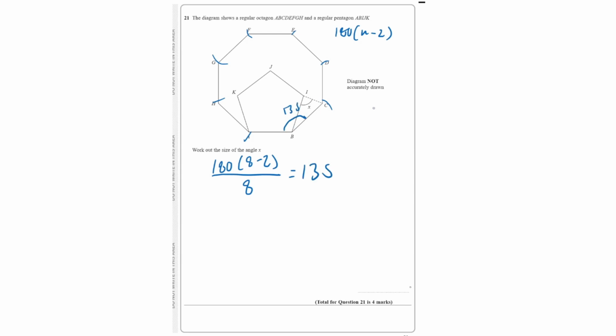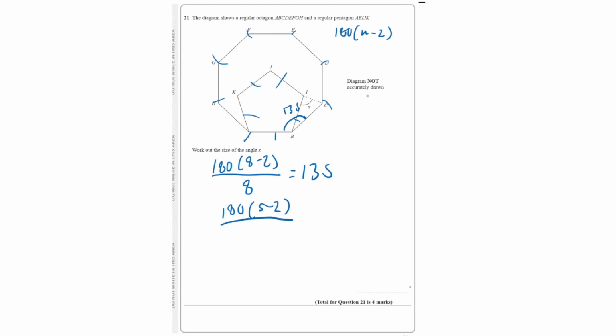Okay? Now if we can find the angle ABI, we can then subtract it from 135. So let's use the sum of the interior angles equation again. 180 into, now we're finding this angle, so that has to be 1, 2, 3, 4, 5 sides. 5 minus 2, that's simply 180 into 3.